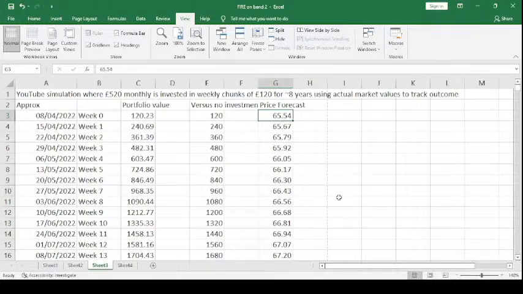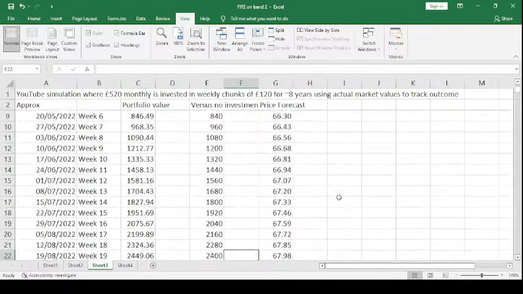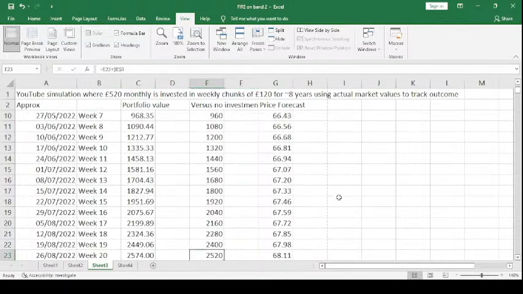I was just having a look at the Excel forecasting that I had done before, and I realized that now that we are up to week 20 in terms of the value invested, my labeling of the weeks here was off.